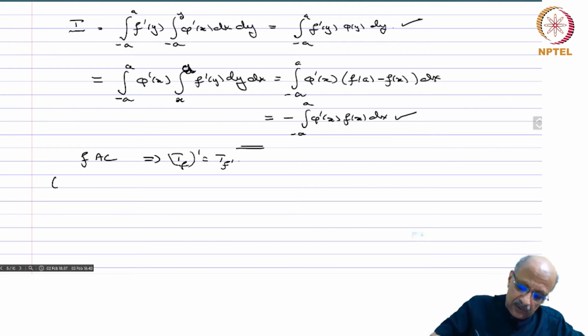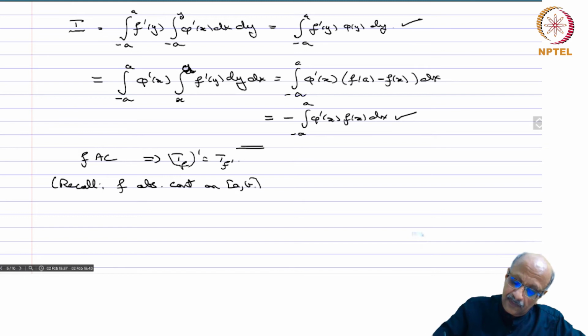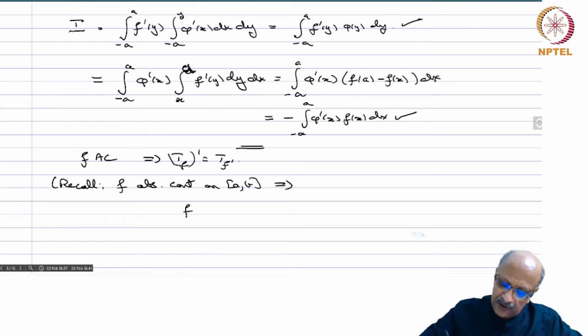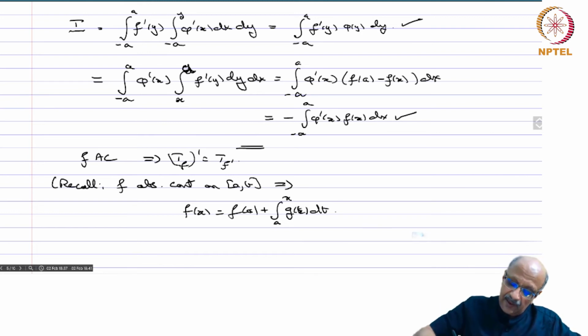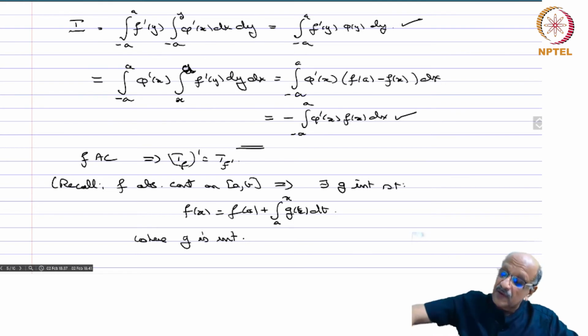So let me recall. f absolutely continuous on [a,b] implies f of x equals f of a plus the integral from a to x of g of t dt, where g is integrable. That means there exists a g integrable such that you have this.